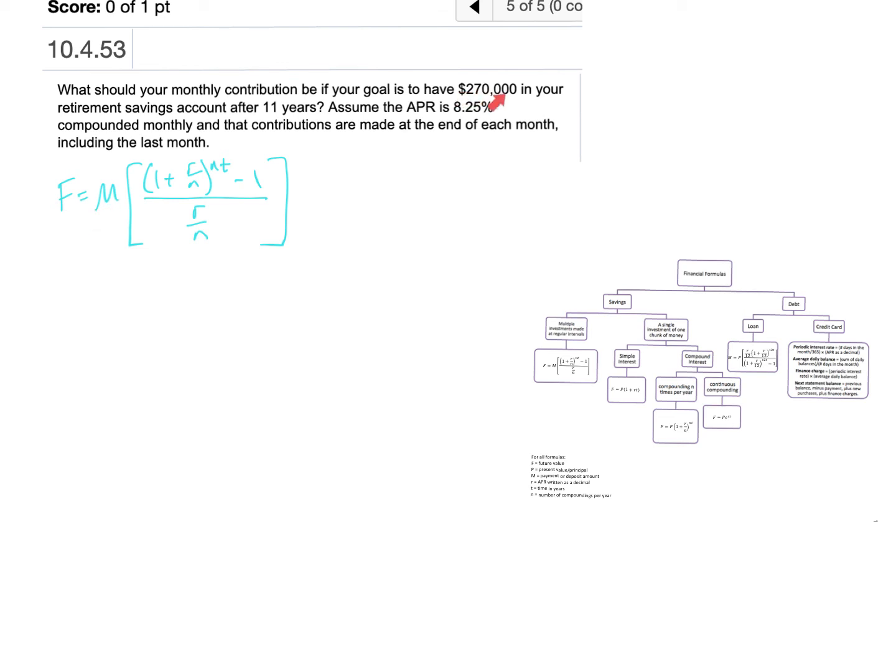We want to have 270,000. That's our future value. We want 270,000 to be the future value of the account. We want to know what M needs to be. And now I should be able to plug in all the other numbers here.